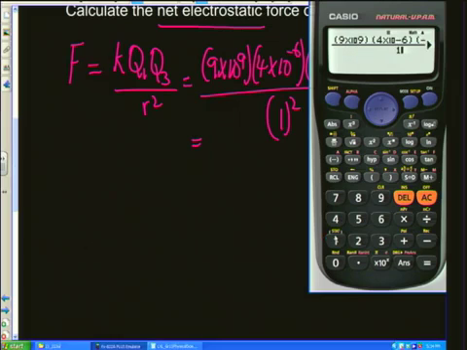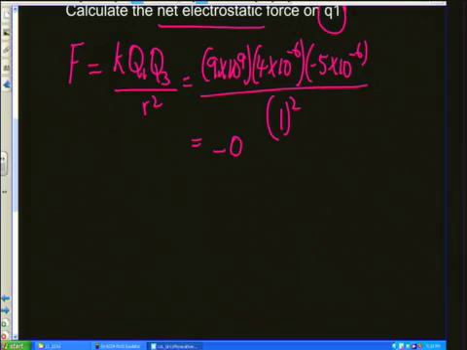Anyway, it's just formalities. We know that 1 would remain, won't change anything there. So what do we have there? We have got minus 0.18, okay? So this is minus 0.18 newtons, which is 0.18 newtons attractive, okay?